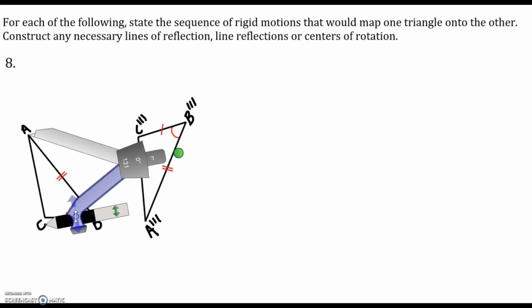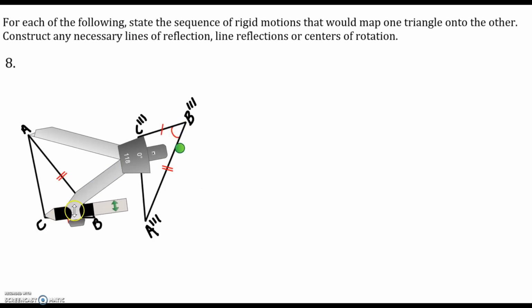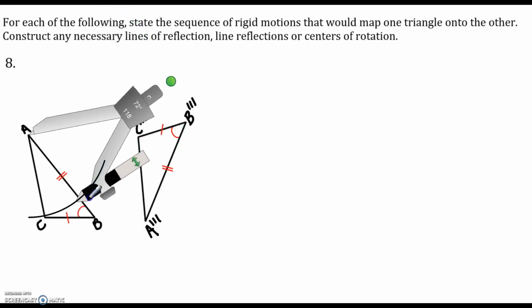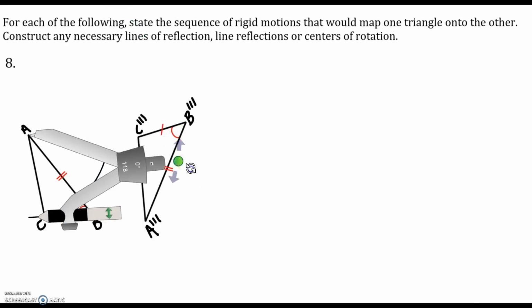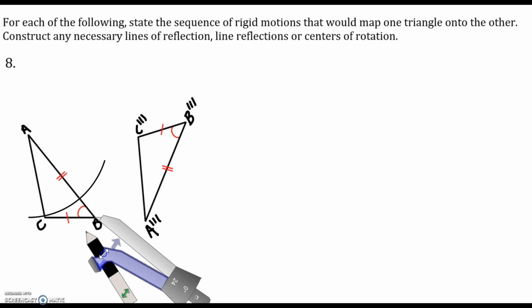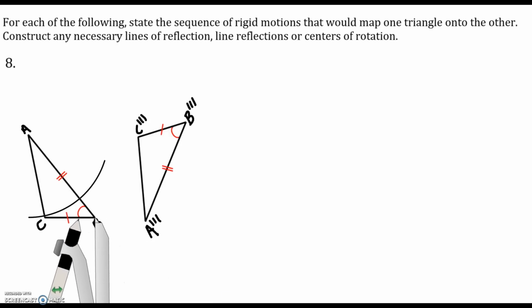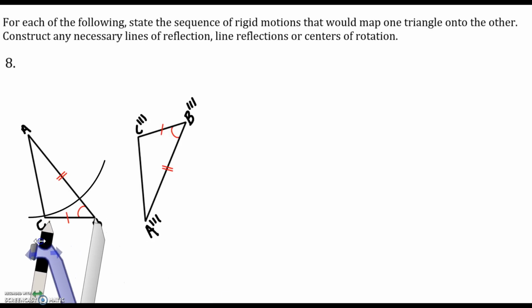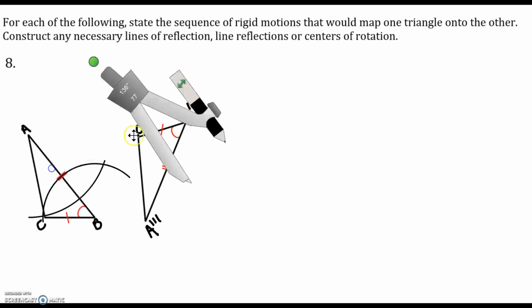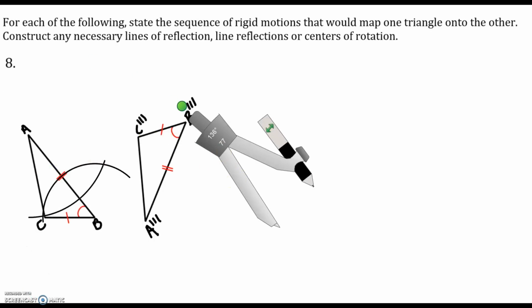So I'm measuring from A to C, and I'm going to swing that arc, and then I'll do the same thing from B to C. I'll measure that. And then swing that arc, and then figure out where point C would now land, making this C prime.